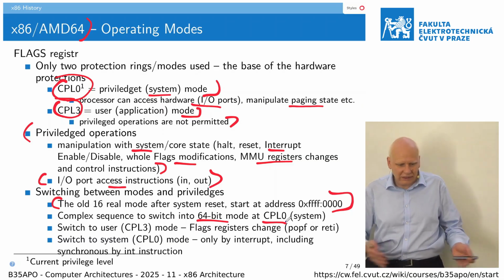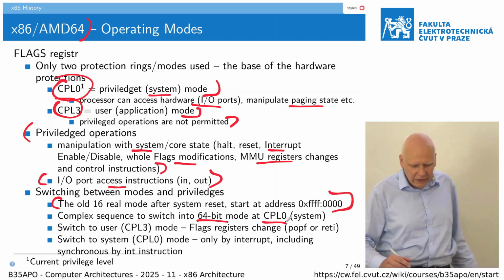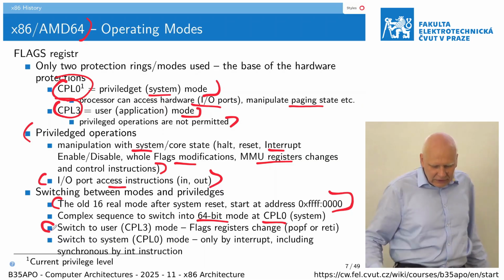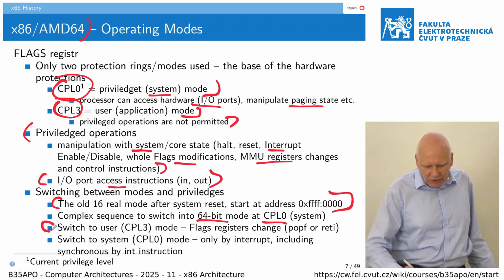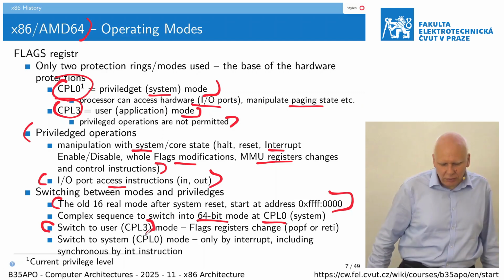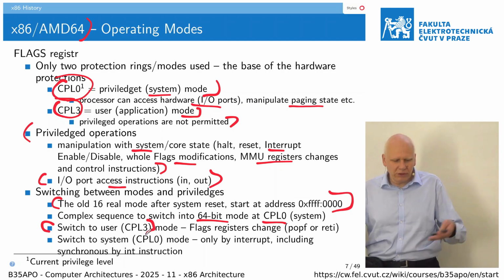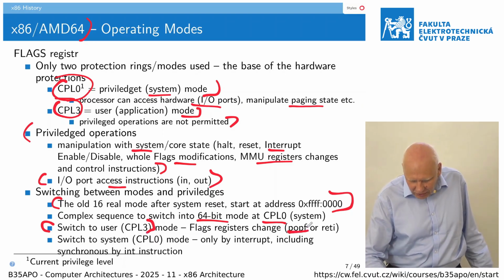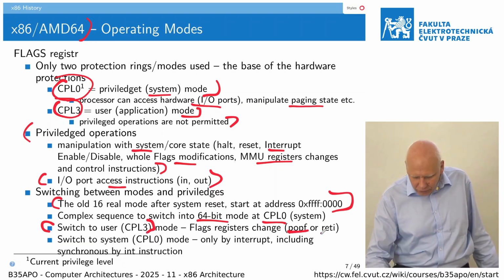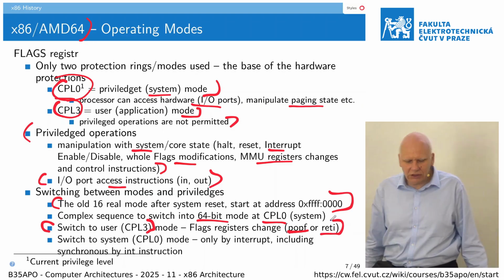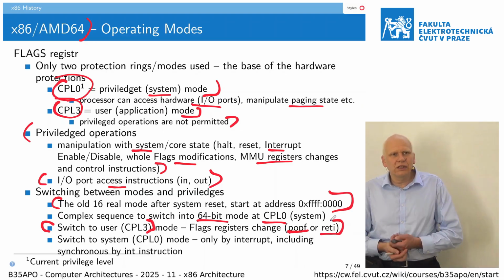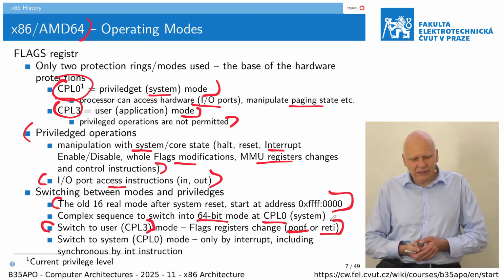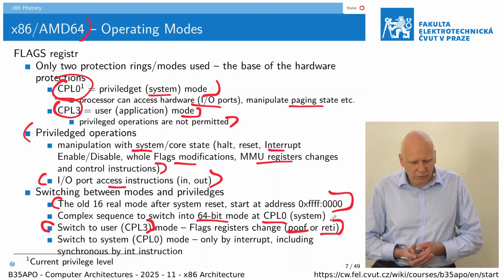So you can set up page tables and so on, and then a switch is done to the user application. So you set up some part of the memory, switch to the user application through the pop or return from interrupt instruction, and the user cannot manipulate that critical state of the processor.